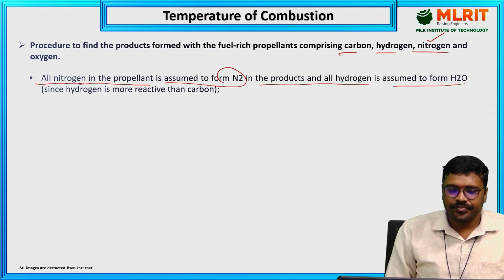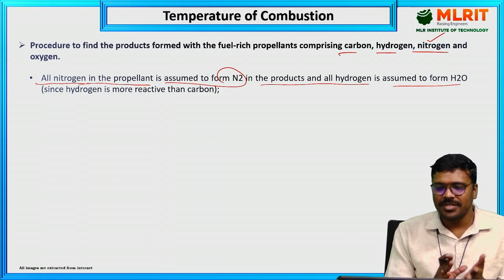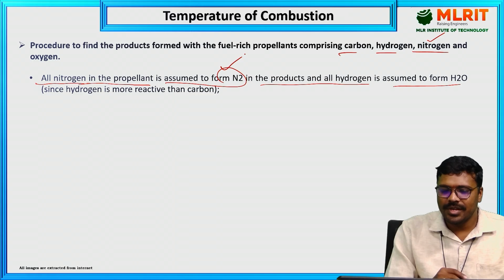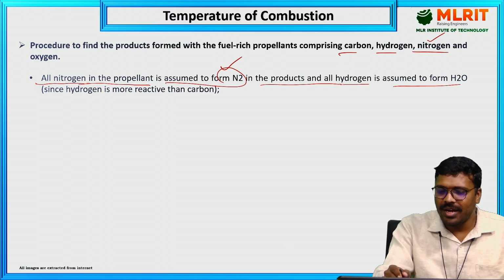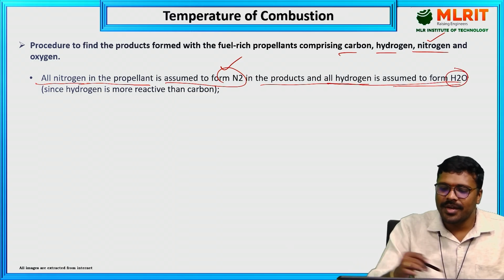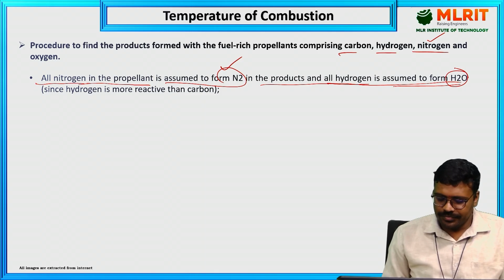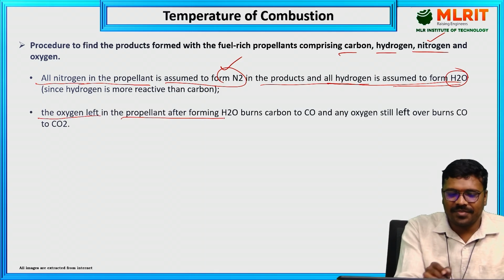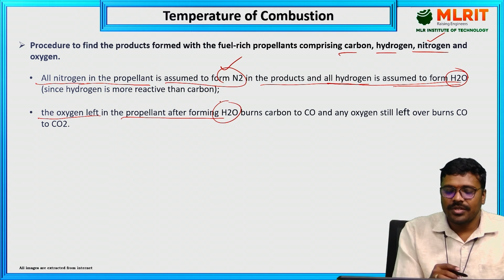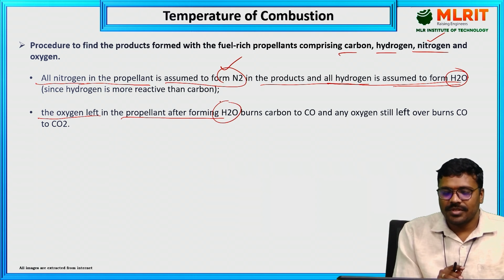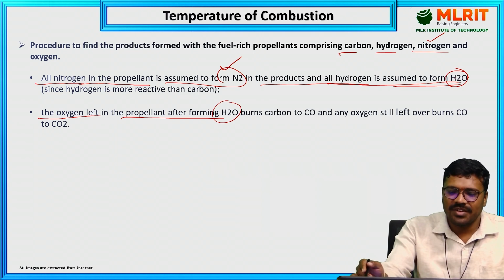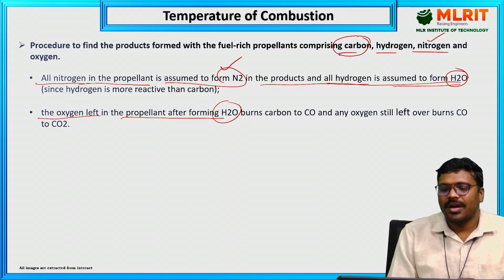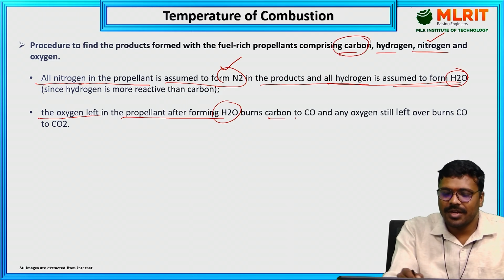First, all nitrogen atoms are assumed to form nitrogen molecules in the products, and all hydrogen is assumed to form H2O. Next, the oxygen left in the propellant after forming H2O will react with carbon and form carbon monoxide.